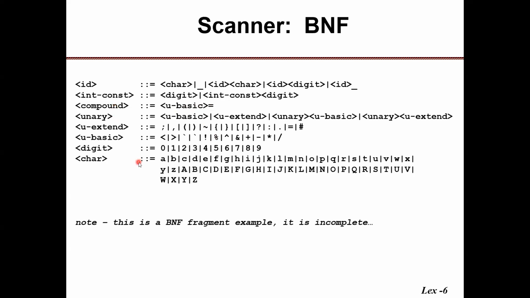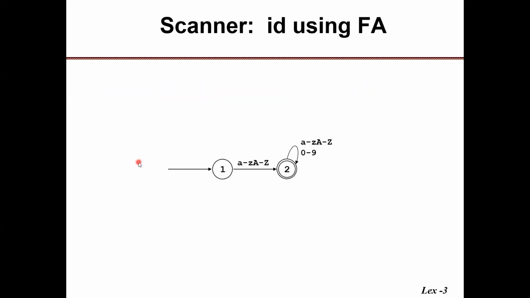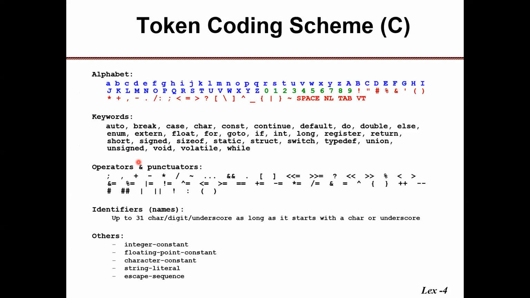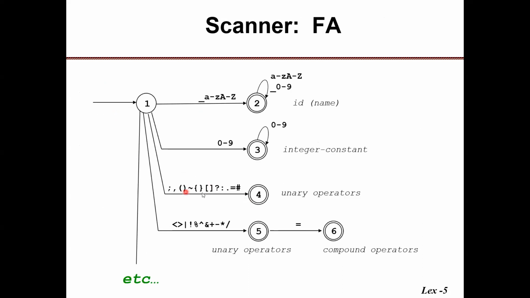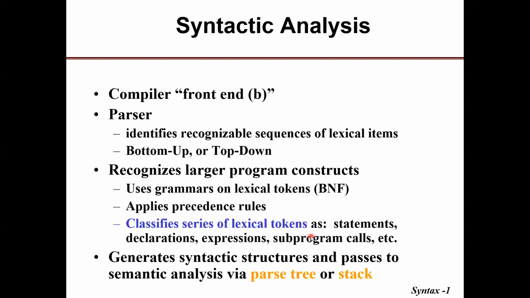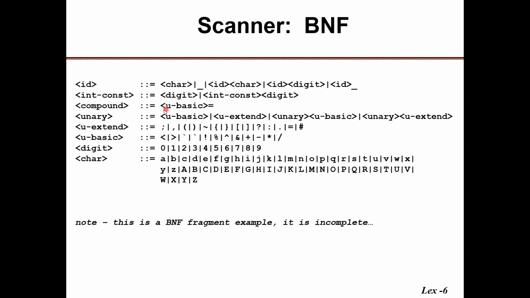That's consistent with this, which is consistent with this set here. So that's all we're doing for that rule, saying any of these symbols here followed by the equal sign is the compound operator. Compound operator, U basic, that's these, followed by the equals.